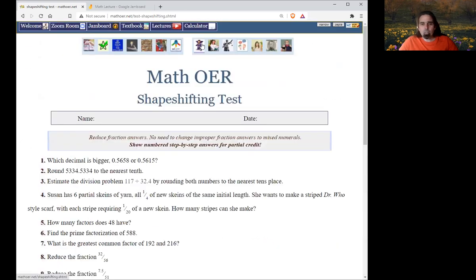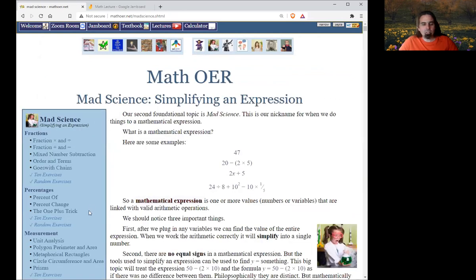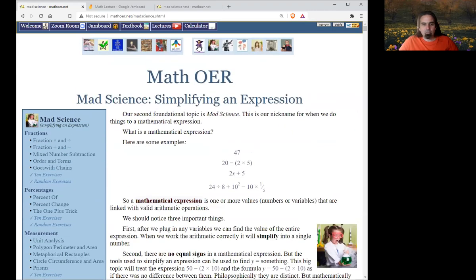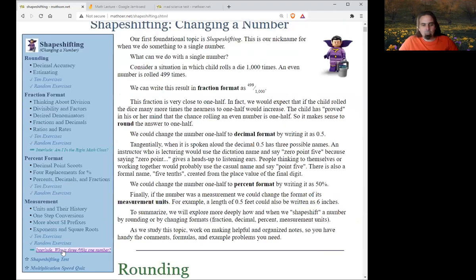So you can do that for shape-shifting, and you can do that for mad science. There's the test right there at the bottom, and that will let you know if you're on top of things or still need to do a bunch of work to get quick and fluent at this. At this point in the class, I would expect that for the first topic, people that have been attending all the time are pretty good at this.